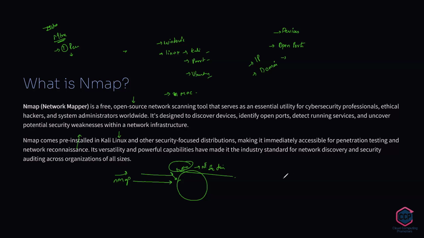That's the reason we should never scan a public-facing domain, which is open for everyone. What will happen if we do? They may file a complaint against us, or they may block our IP, so we cannot access that IP or domain from next time.